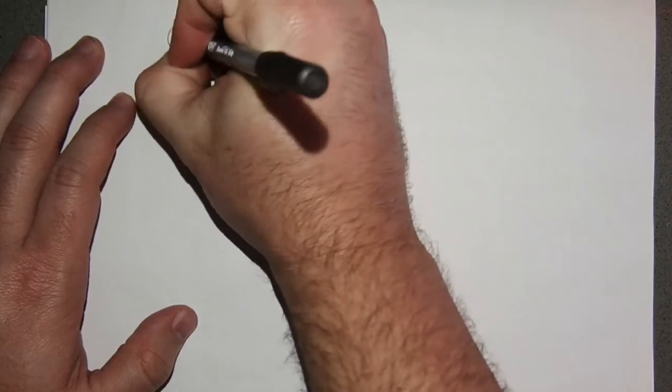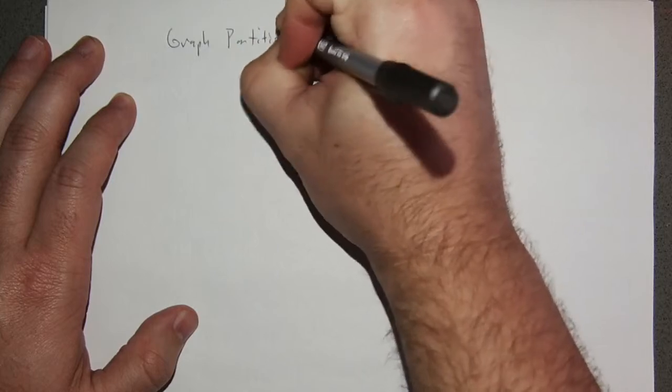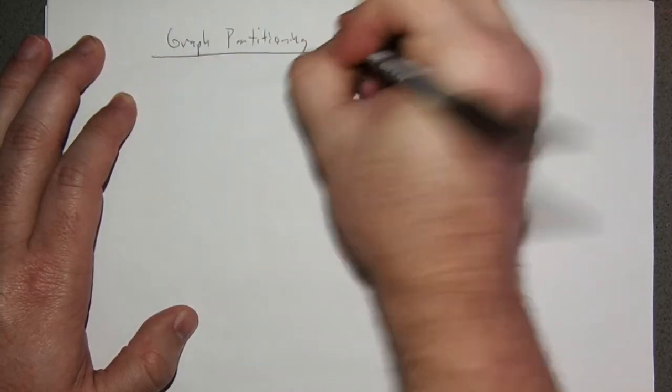But graph partitioning is going to be the bread and butter of this section. Graph partitioning is exactly what it sounds like. It is taking a graph and splitting it in some reasonable way. Okay, we are going to have a particular method that we're going to apply. In general, it's not the only method, and we're going to see limitations of the method that we're going to do. But for us, it is going to be essentially the method we're going to use.